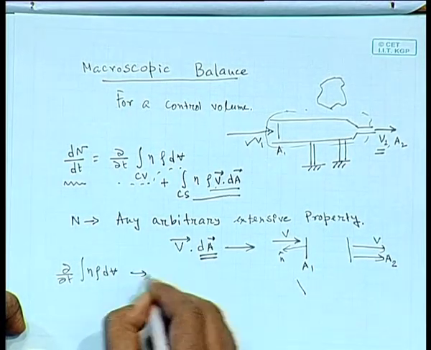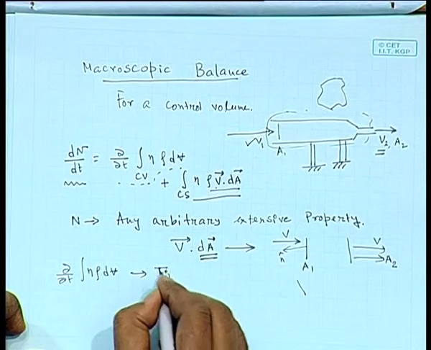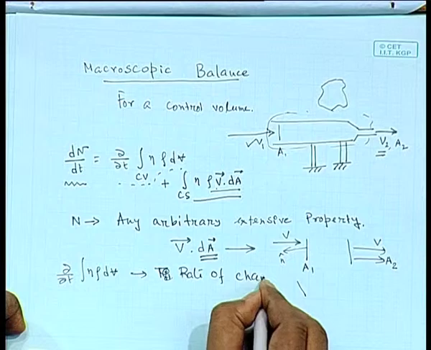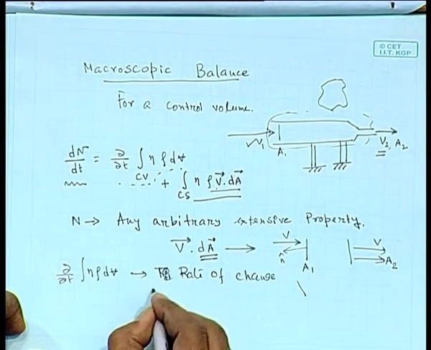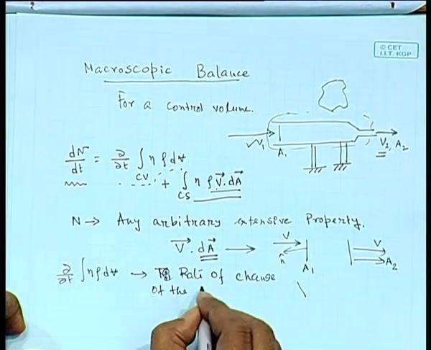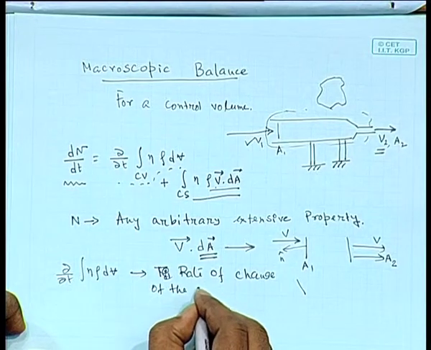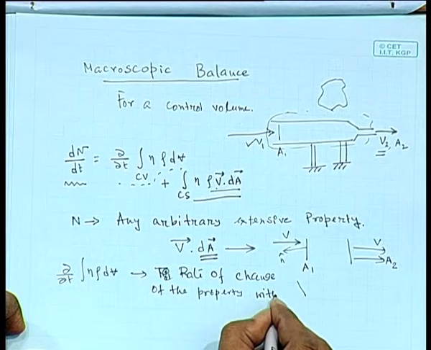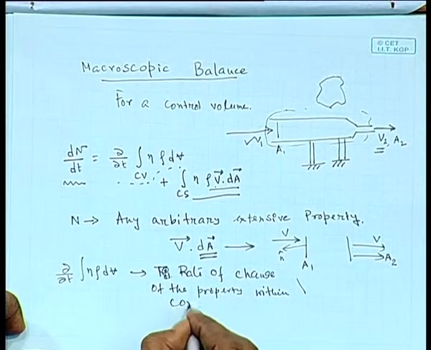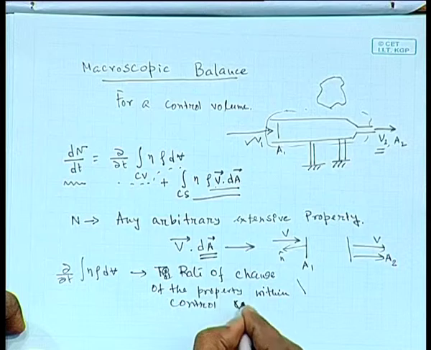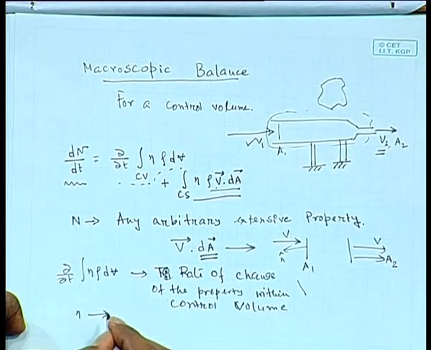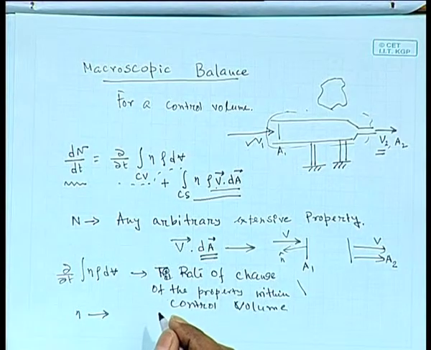This gives the time rate of change of the property within the control volume. And what is eta? Eta is basically the intensive property, that is, the property we are dealing with divided per unit mass.